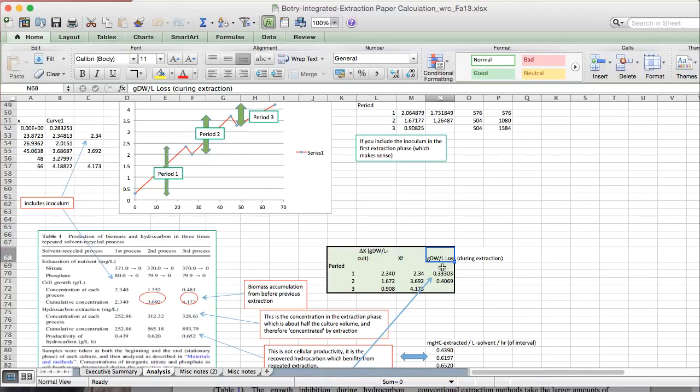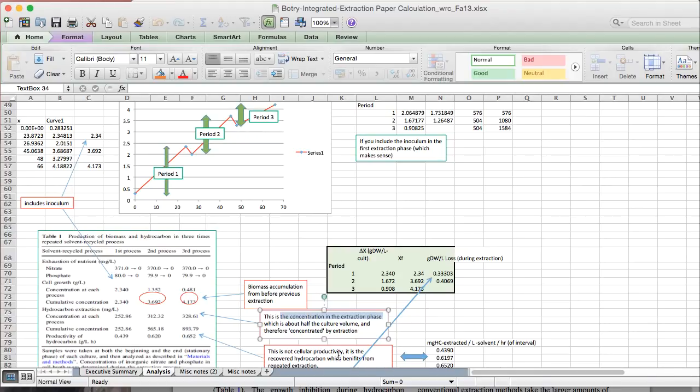solvent. One aspect that's interesting in this particular paper is the extraction phase, which you see right in this comment here. They give the concentration in the extraction phase. But since they add an extraction phase that's half the volume of the culture, immediately the numbers look better because it's concentrated into that phase.